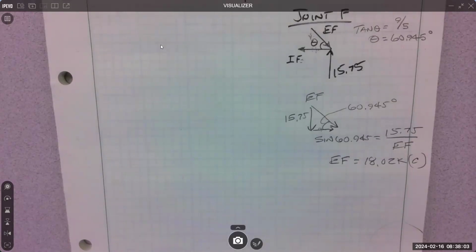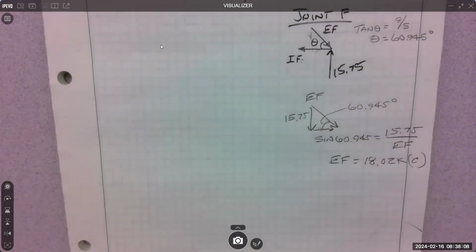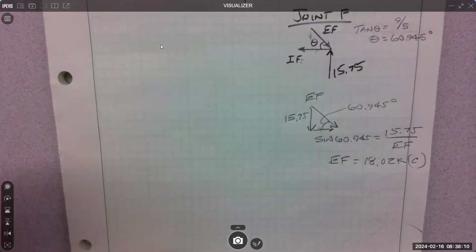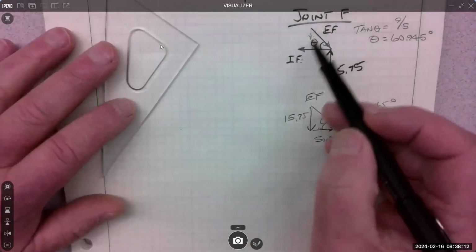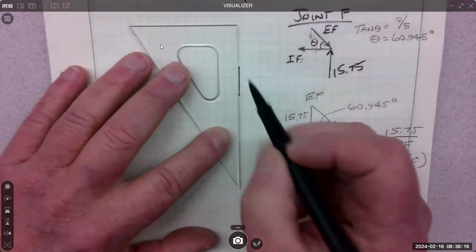So also remember, when you have only three forces, what can we do with this? Build a triangle and just solve the triangle directly.